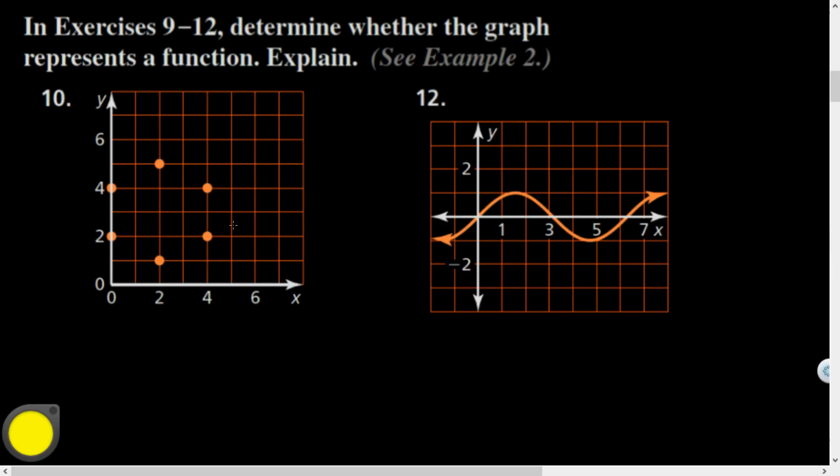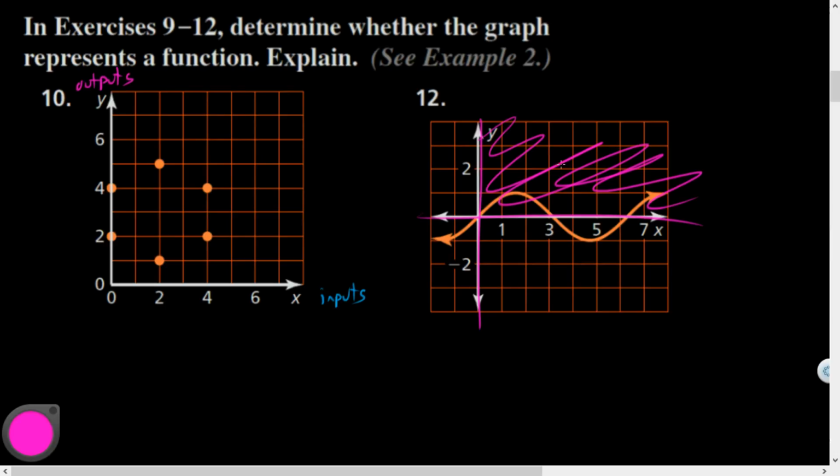Okay, determine whether the graph represents a function. Now, my x's, my inputs, are the horizontal values, and my outputs are the y-axis. Notice that sometimes you can have a coordinate plane, your 2 number lines that are perpendicular and together, and they intersect in the middle of the graph, but you could also just be paying attention to just one of what are called quadrants.